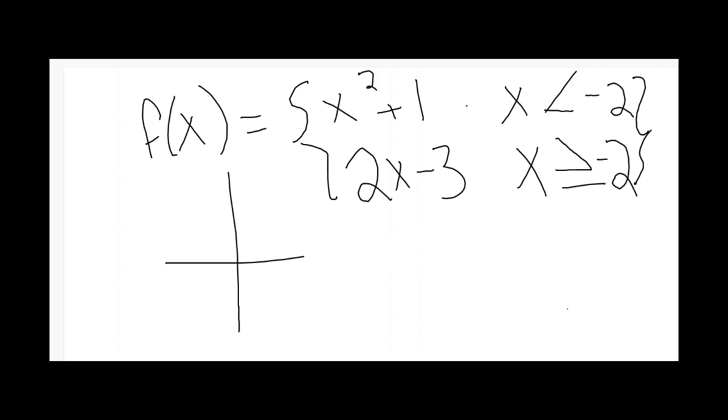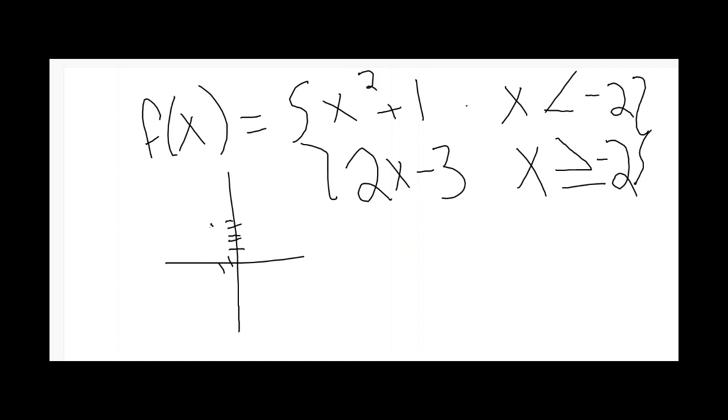So then we can go to -2 and then 5: 1, 2, 3, 4, 5. Right here's our point. Actually, let me draw that a bit better. Right there, that is our point.